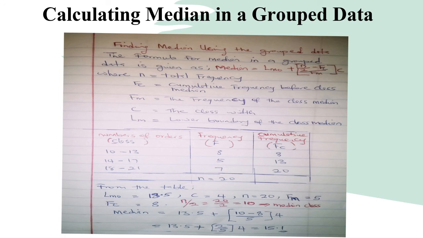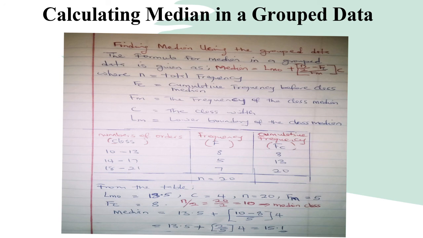So here we have 13 plus 0.5. If we wanted to look from this one between 14 to 17, we now have 14 minus 0.5, so we still have 13.5. Any way you want to use.